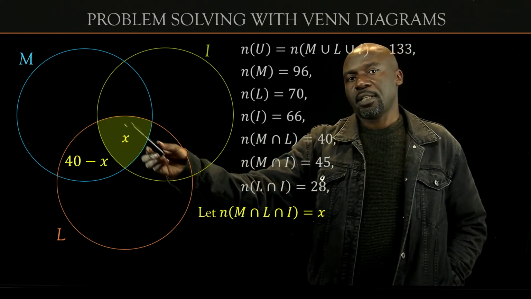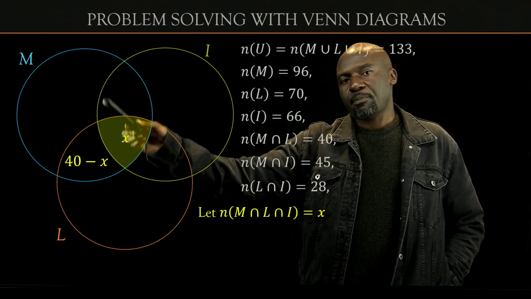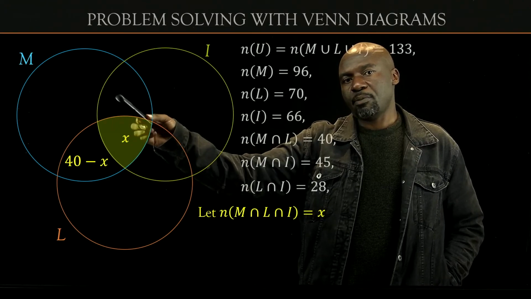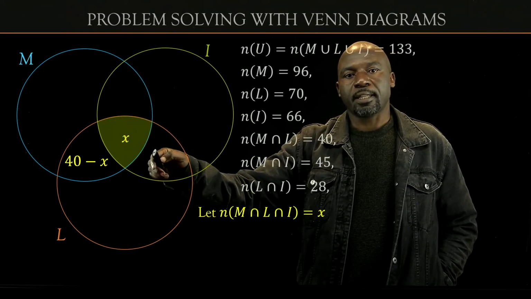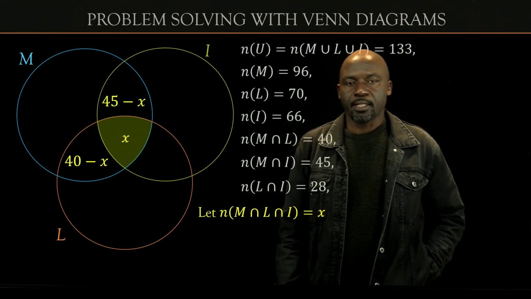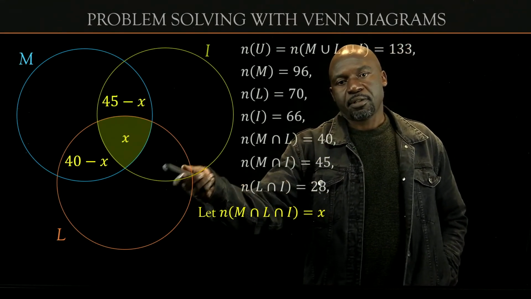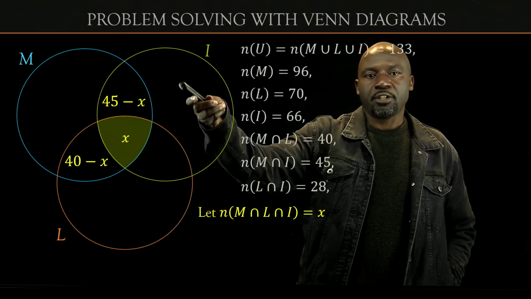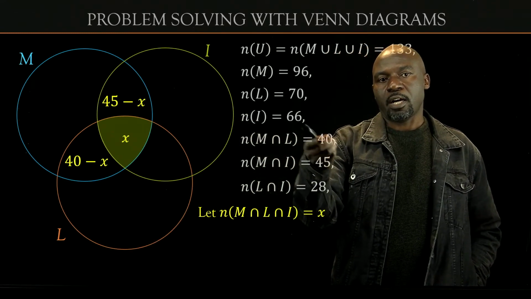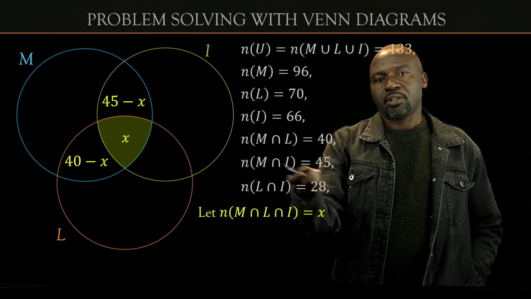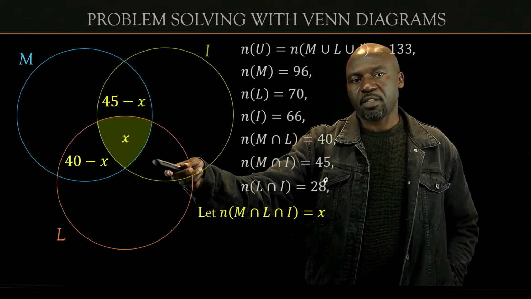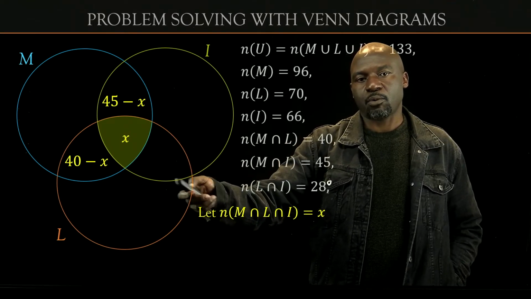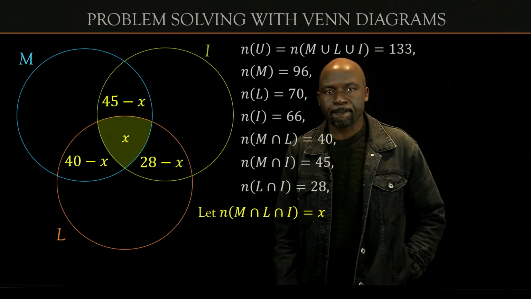So if this part here is X, then the remaining part of this intersection must be 45 minus X. Okay, like that. And similarly, the number of members who own oil shares and industrial shares, I think there were 28 of them, and so if that part is X, then what remains here must be 28 minus X. So we can put 28 minus X there, okay?